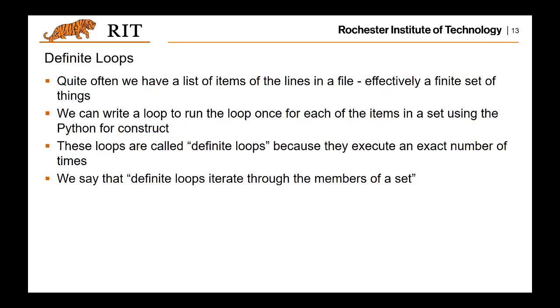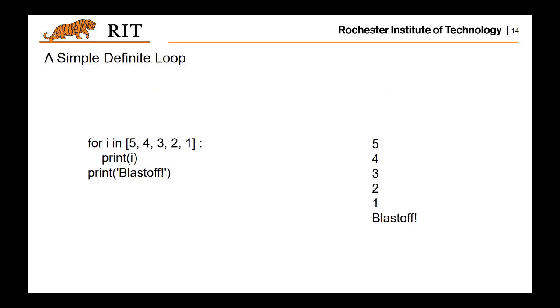We always say the definite loop iterates through the members of a set or a list. So let's look at another example. As you can see here, this is a list or a set, and it has a few numbers inside: 5, 4, 3, 2, 1. And this i is a variable, meaning each of the elements inside this list.